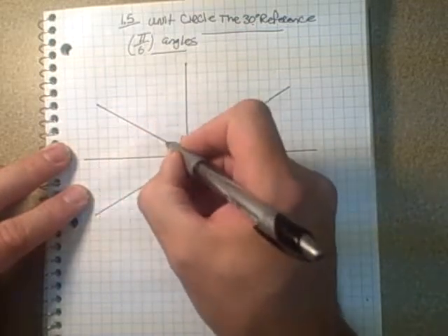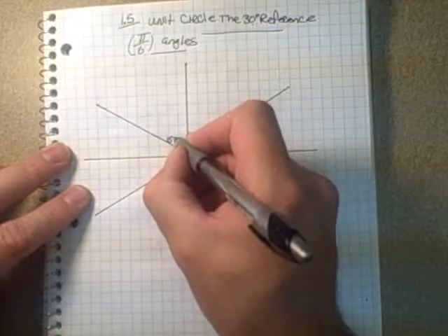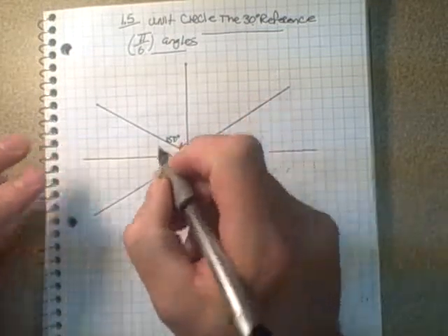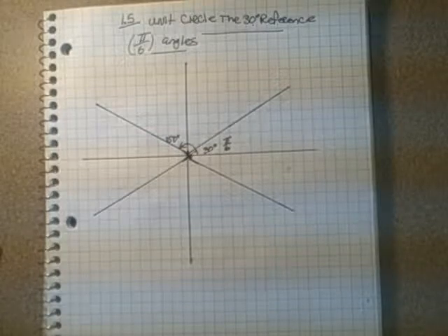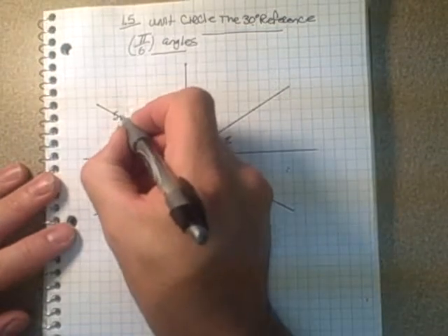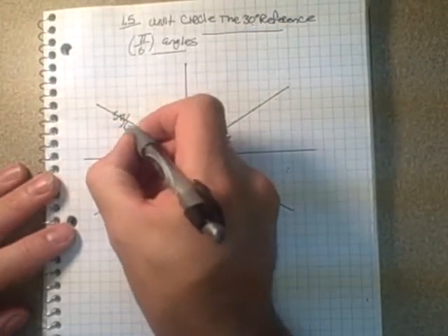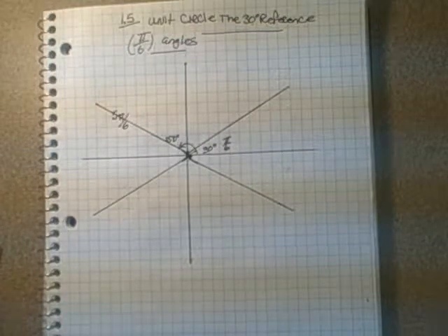Even though this is a reference angle, we have to do the positive angle. So it's 150 degrees, which in radians is 5 pi over 6, and we can just calculate that using our relationships.